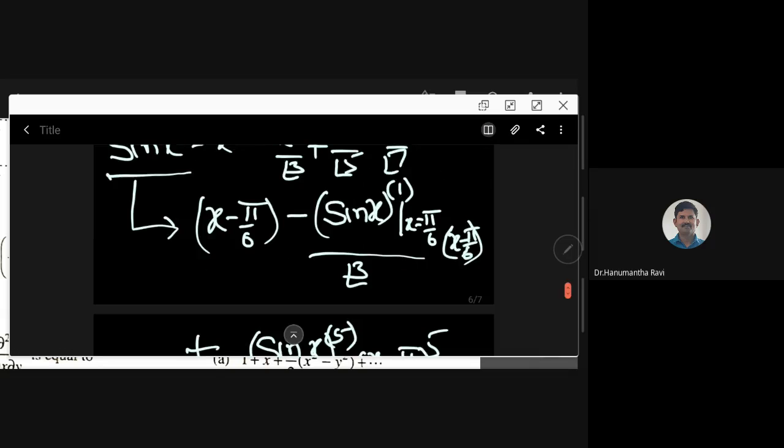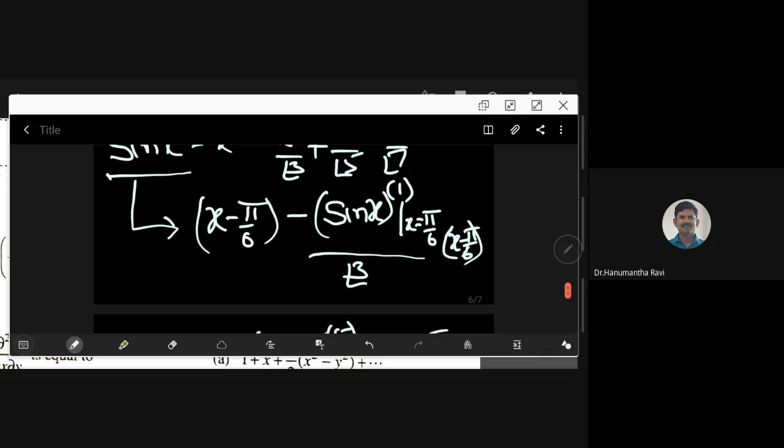Here I need to take the third order derivative. For sine it is cos, and for cos it is sine, like that. So actually here you will get a plus only. If you take like that, then minus plus will come.